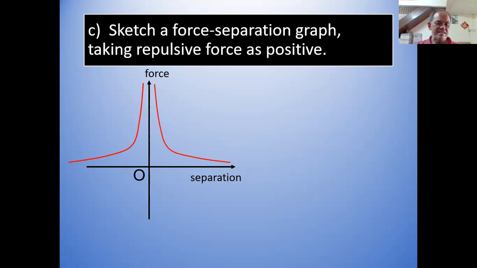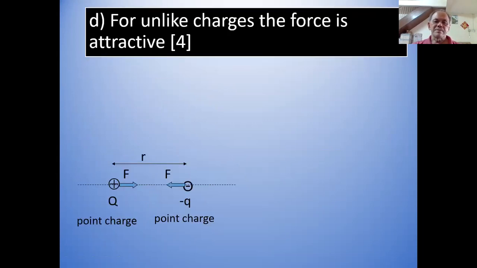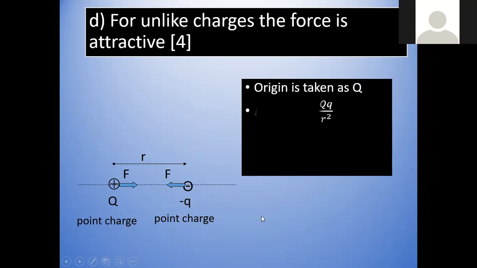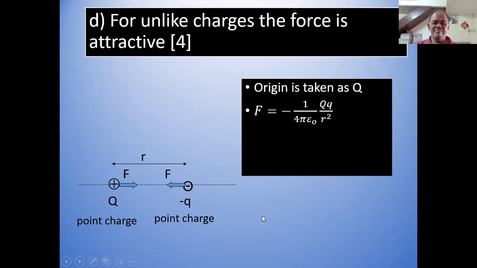Right? The hyperbola, I said that it goes up faster. So as separation decreases, force increases. Correct. So for unlike charges, that means positive and negative charge, we put a negative sign there to show that the force is attractive.